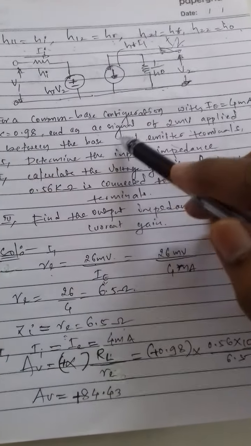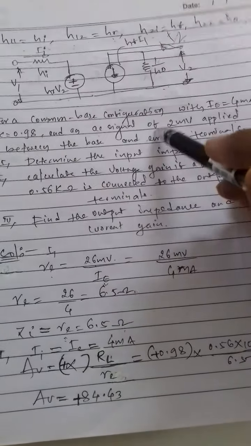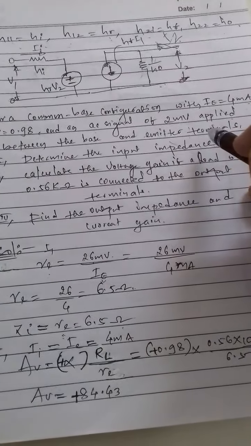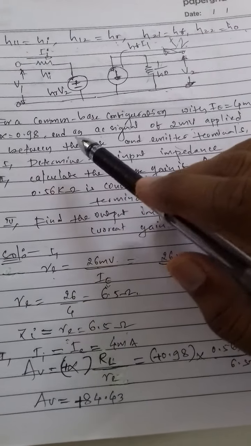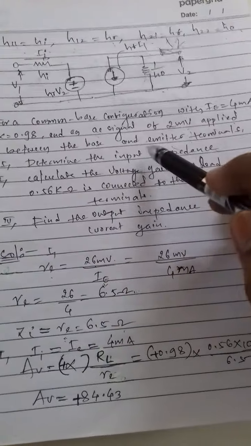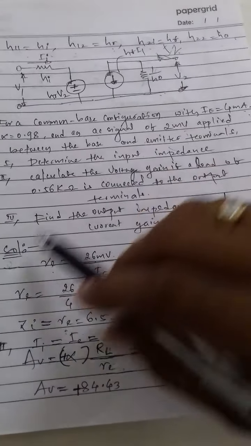IE is equal to 4 milliampere, alpha is equal to 0.98, and an AC signal of 2 millivolt is applied between the base and the emitter terminals.